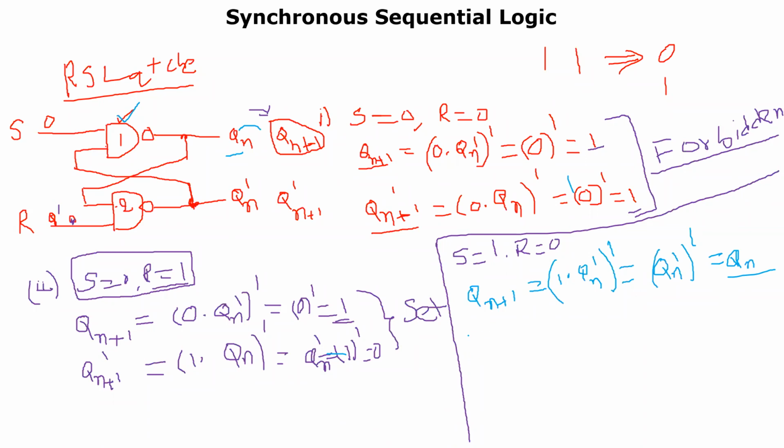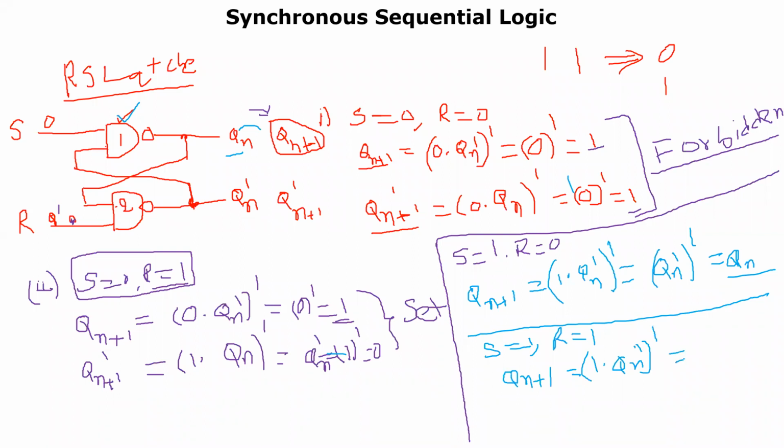Then followed by, finally, S equal to 1 and R equal to 1. If you submit like this, what exactly do you have with you? So you have something like this. Qn plus 1 again, we need to identify the next state information. Qn plus 1 will be equal to 1 into Qn whole complement, whole complement.